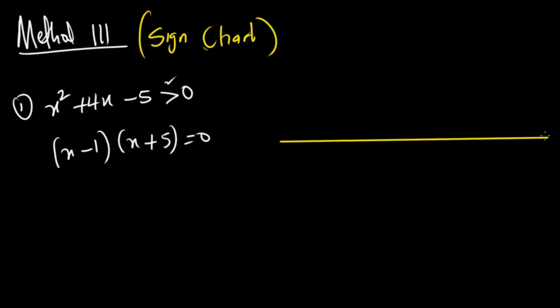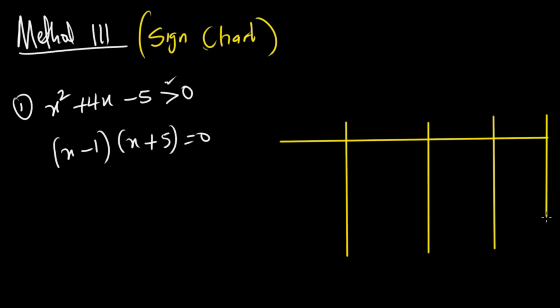Don't forget, in the case of the parabola method, we drew a parabola to solve our quadratic inequality, but in this case, as I mentioned, we're going to be drawing a sign chart. So I have this, and I have 3 more columns, and lastly this.